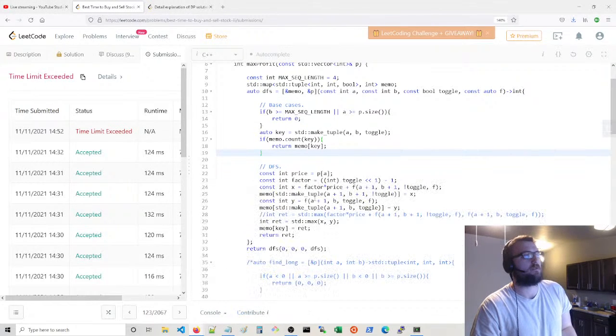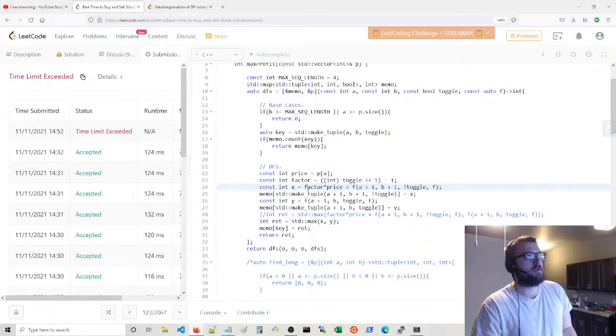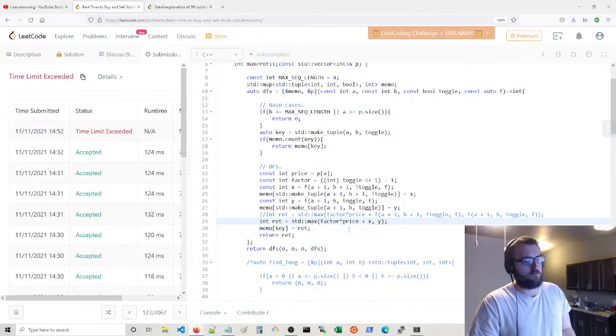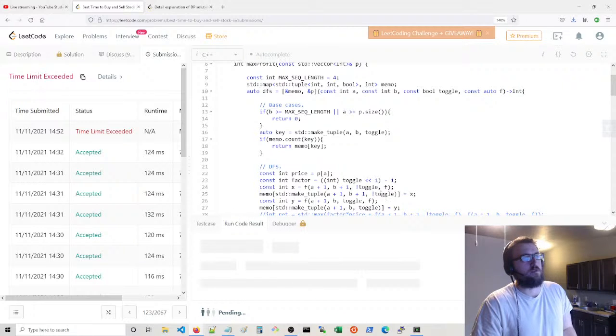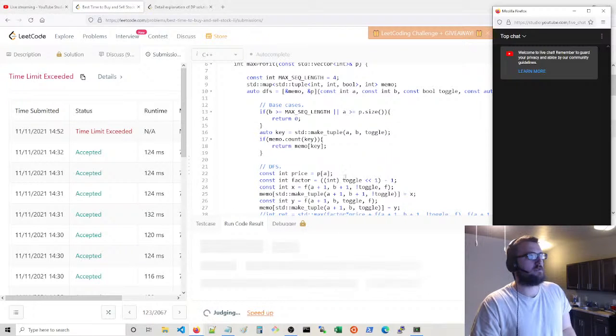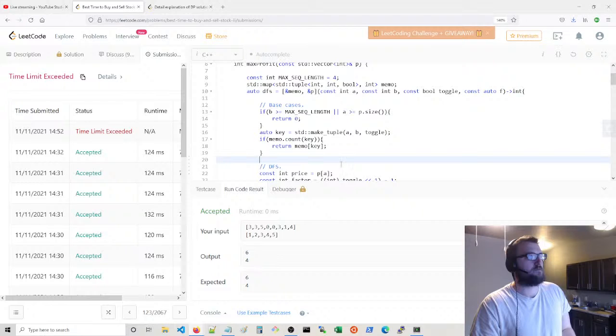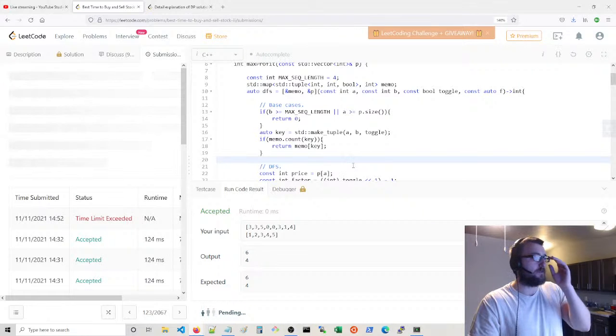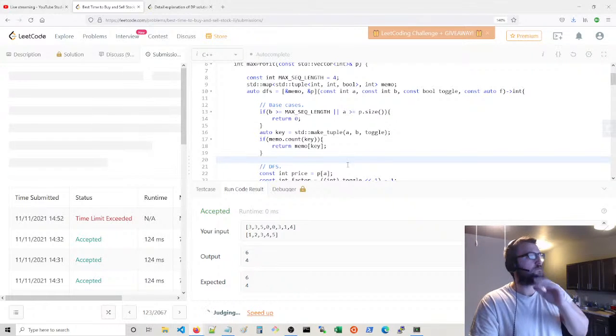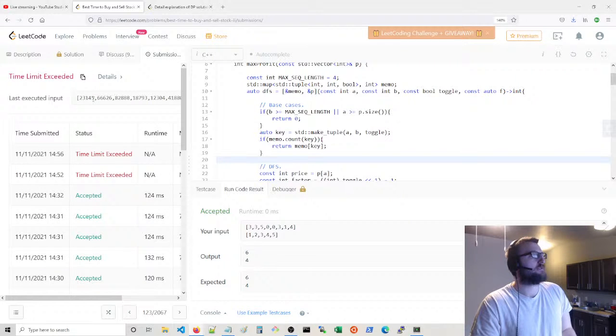Oh no. Oh, it's correct. What about this? Is that still correct? Interesting. What happens if we go for it? Is it always TLE? It does.